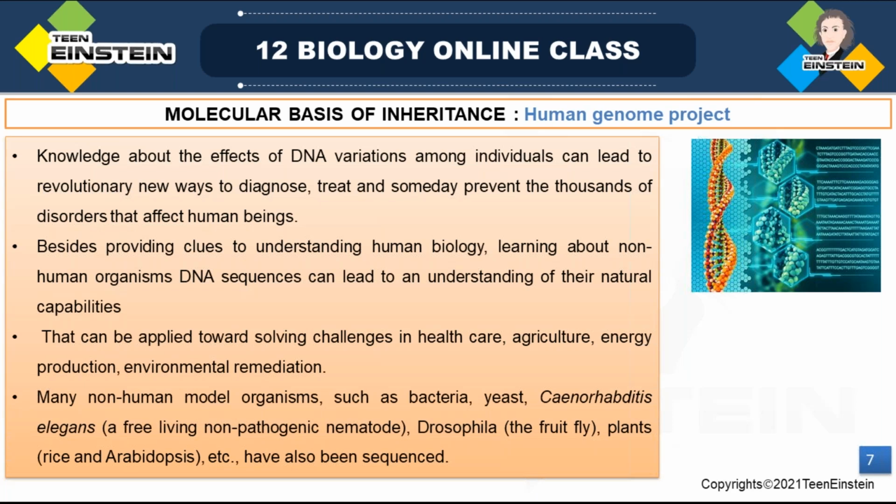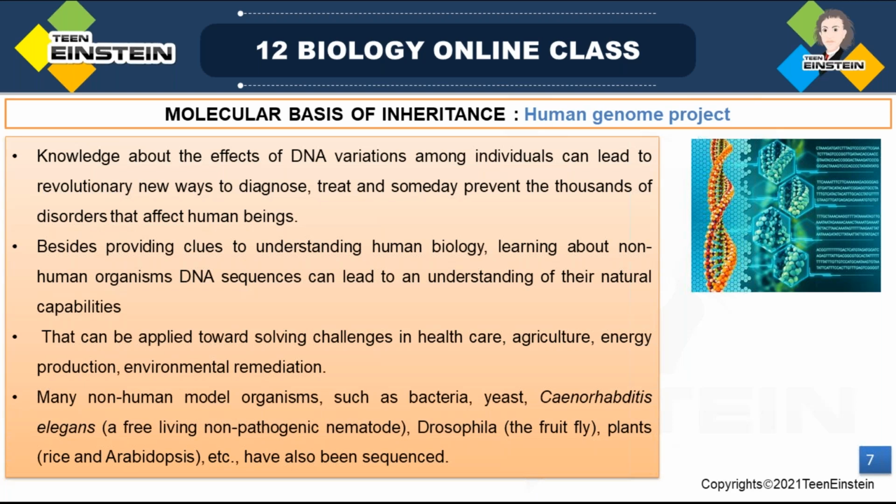The ultimate product of this Human Genome Project was a complete resource of detailed information about human genes, right? All genes, they gave a complete idea about the structure, function and organization of the complete set of human genes.